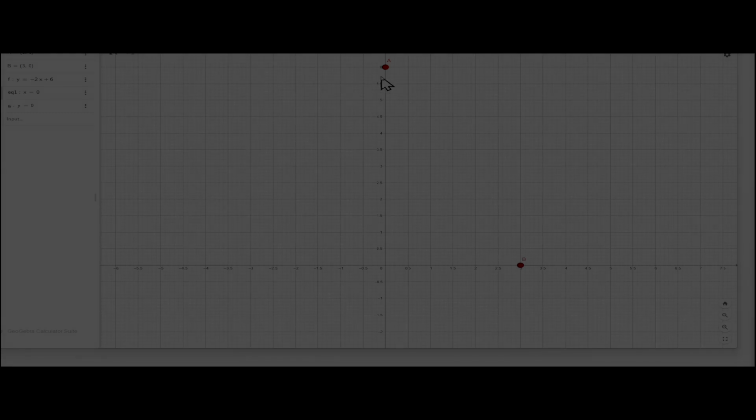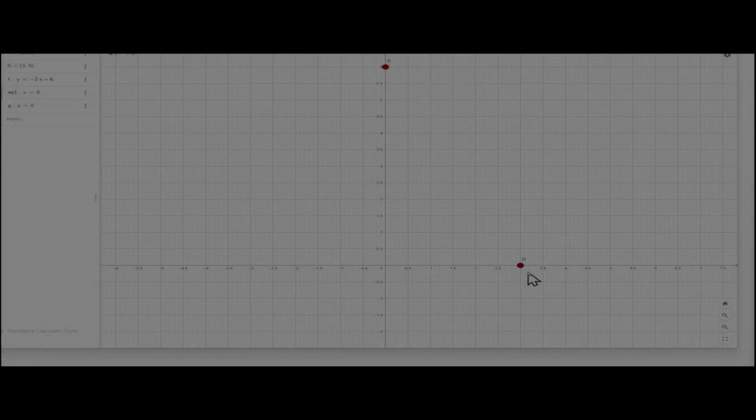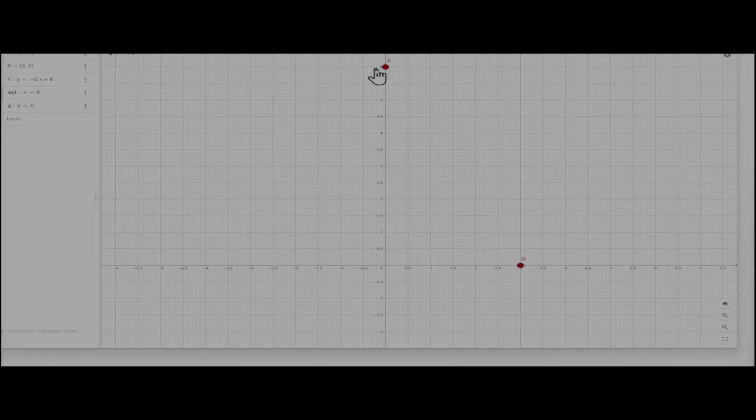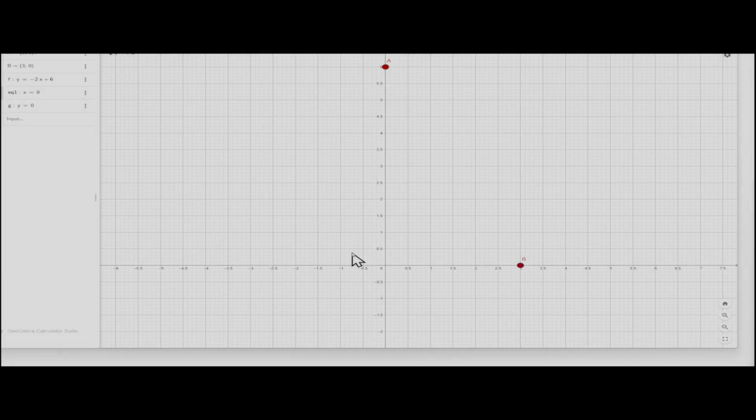Point A here is on the y-axis at 6, and point B here is on the x-axis at positive 3. What is the x coordinate of this point here, point A? Well, it's at 0. The y-axis is x equals 0.